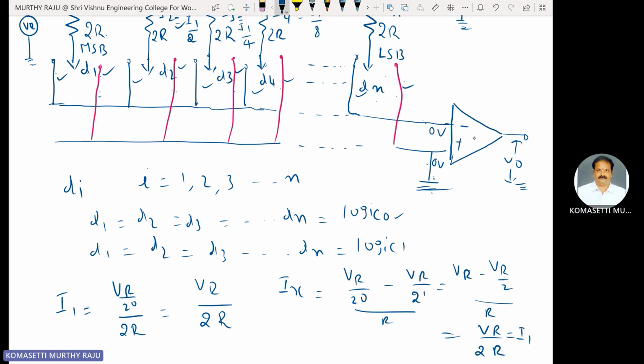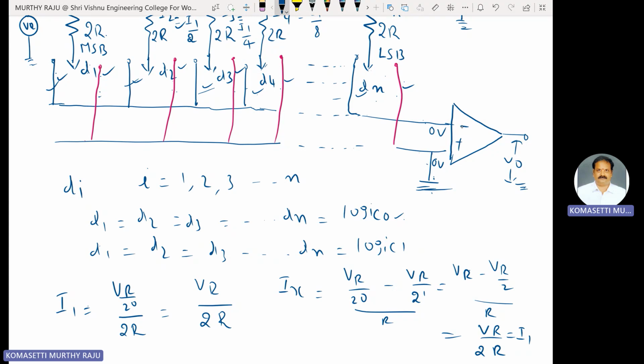That means the non-inverting terminal of the op-amp. When D1, D2, D3, Dn are at logic 0, or when D1, D2, D3, Dn are at logic 1, the switch endpoints are connected to these lines, that means the inverting terminal of the op-amp.